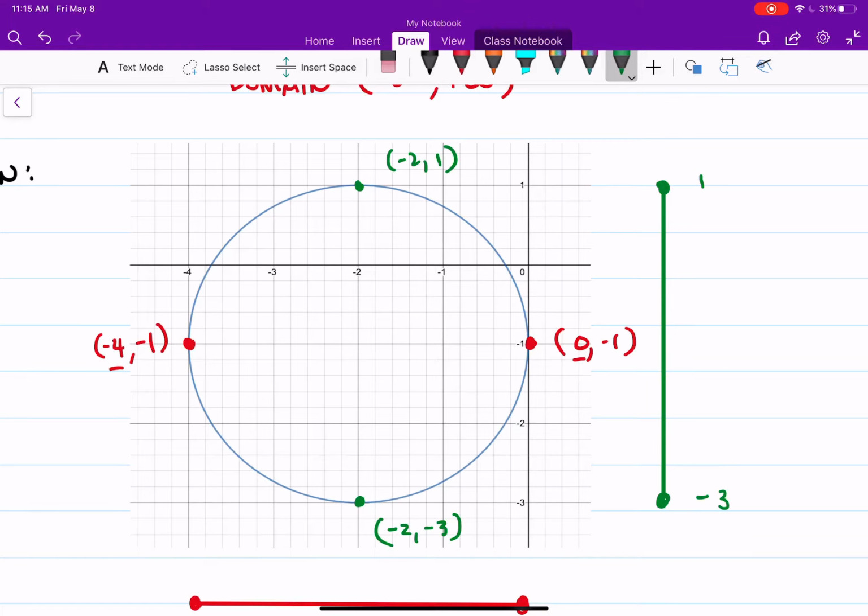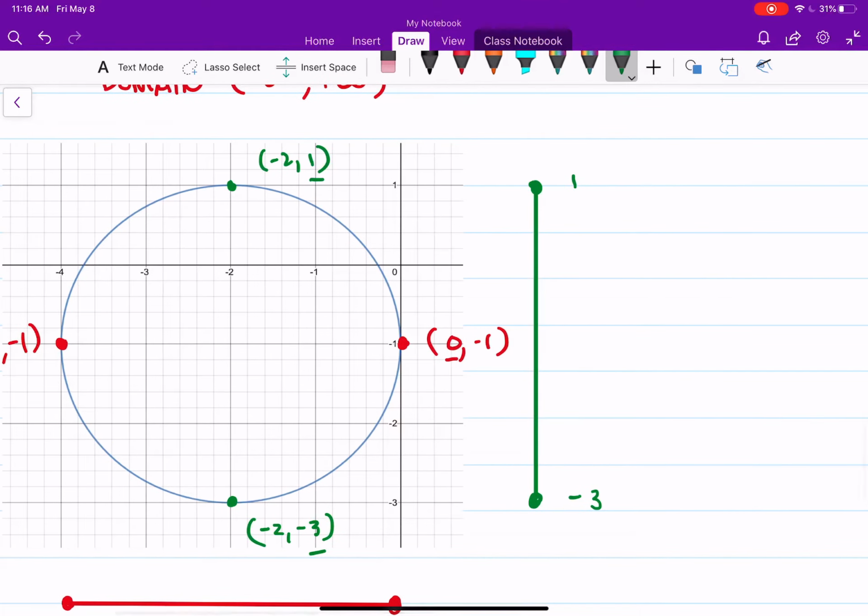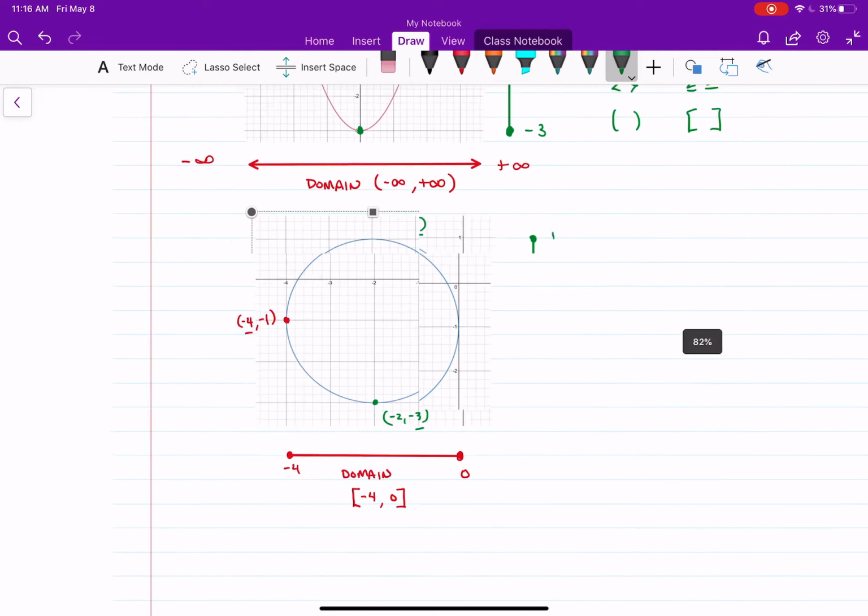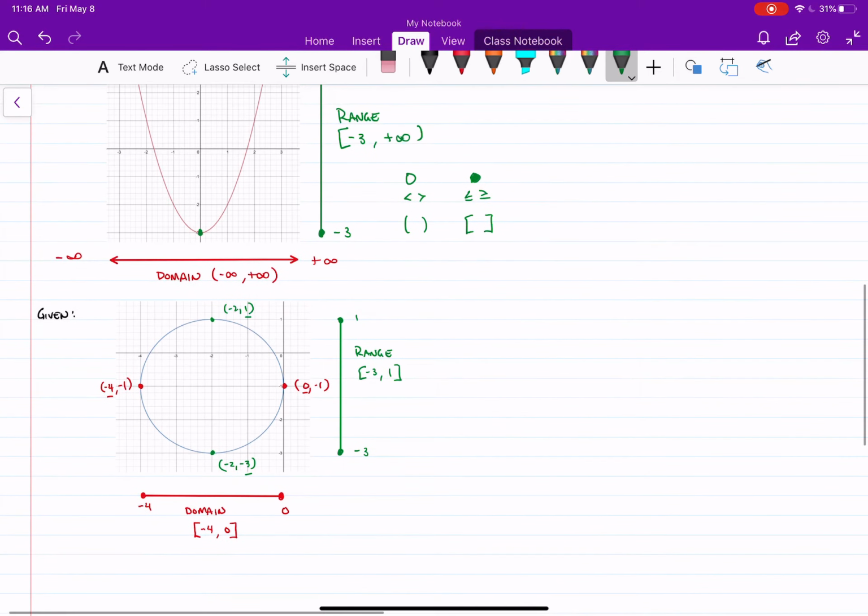Again, the range is only the y values. That's why I used the y values. So the range, since it touches -3, it starts there and it goes to 1 and it touches 1. So they're both square brackets as well. Hopefully that will help you.